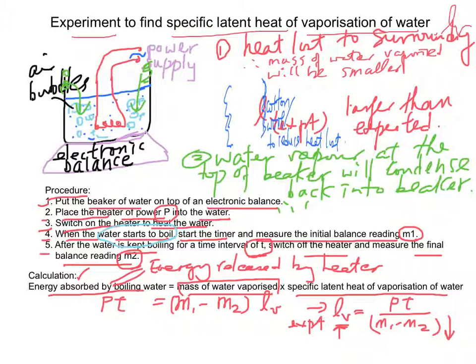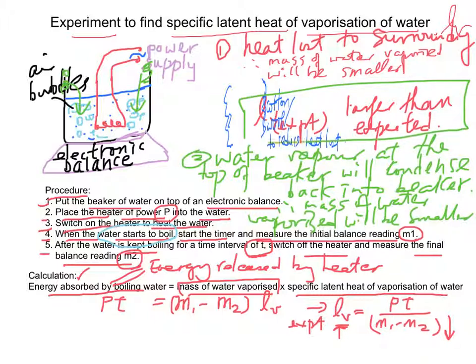Therefore, the mass of water vaporized would again be smaller than expected. Therefore, the experimental value of LV is still larger than expected.